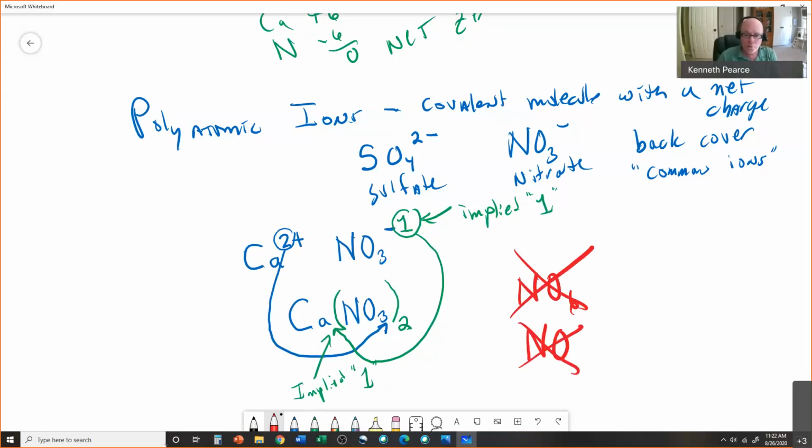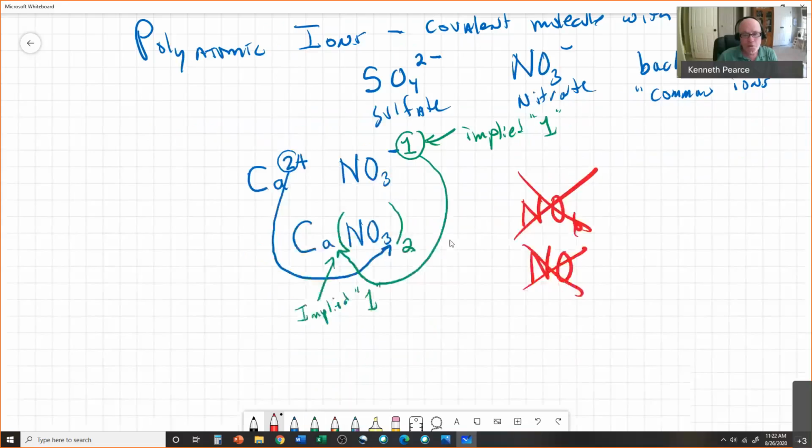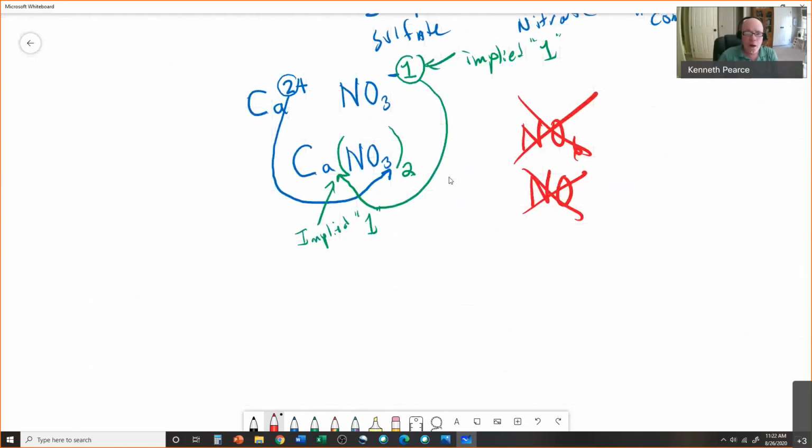And so I can prove to you that that is the correct ionic compound between the calcium ion and the nitrate polyatomic. And of course, on the calcium, there's just one of them, times that 2 plus on the calcium.